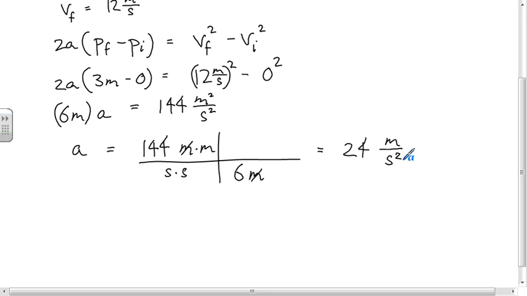Okay. There are 2 things you can look at here to make sure that it makes sense. First, the units. These are the units that we got mathematically. Are those the units we'd like for acceleration? Yeah, acceleration has to be length per time squared, so that part checks out. And then the second thing is, does it make sense that we got a positive acceleration?